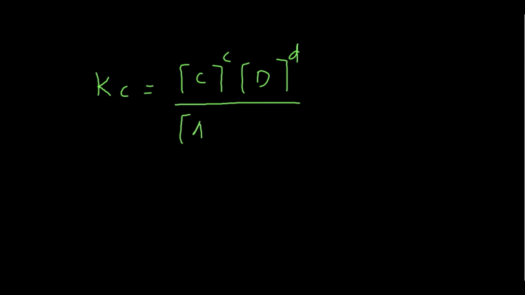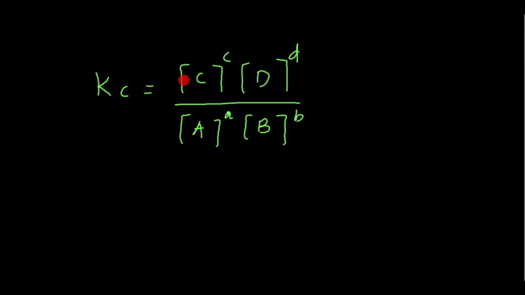Now students, we know very well Kc is equal to [C] raised to the power c into [D] raised to the power d over [A] raised to the power a into [B] raised to the power b. What is Kc, students? Kc is the equilibrium concentration constant, or we can say it is the equilibrium constant.